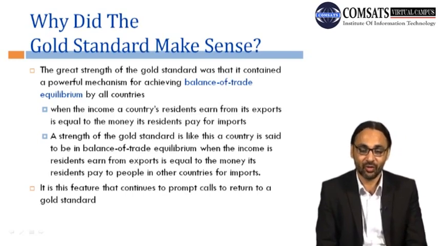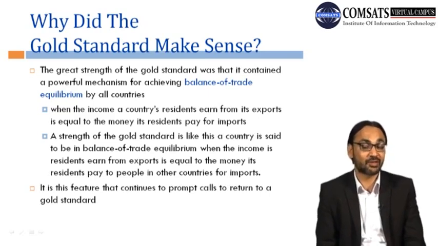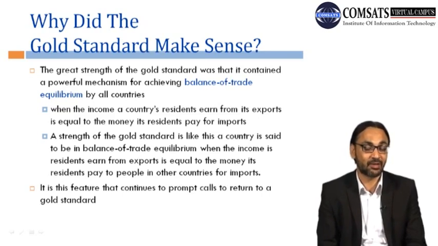The great strength of the gold standard was that it contained a powerful mechanism for achieving a balance of trade equilibrium by all countries. It provides a balance of trade equilibrium. How?